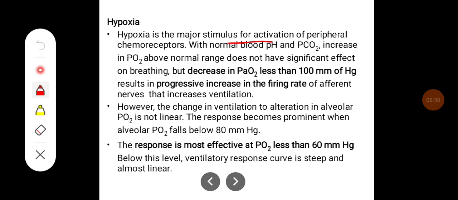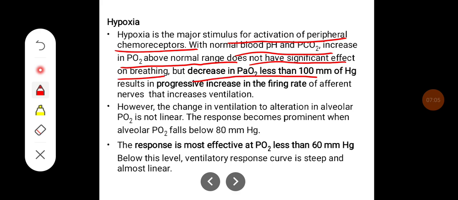Hypoxia is the major stimulus for activation of peripheral chemoreceptors. With a normal pH and PCO2, an increase in PO2 above the normal range does not have a significant effect on breathing, but a decrease in PO2 to less than 100 mm of Hg results in a progressive increase in the firing rate of afferent nerves that increases ventilation.